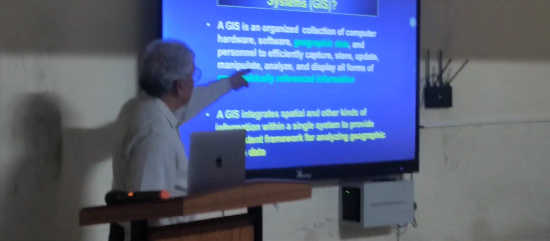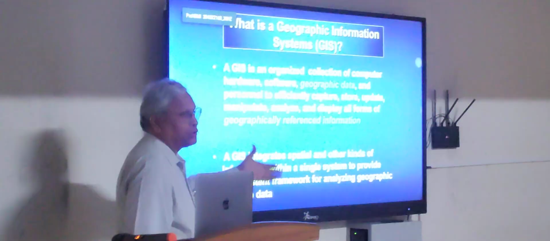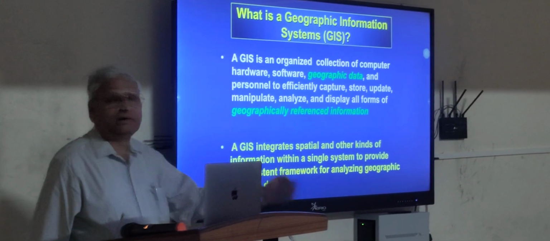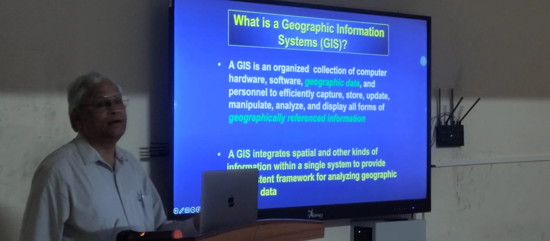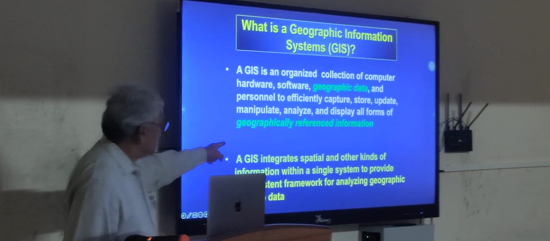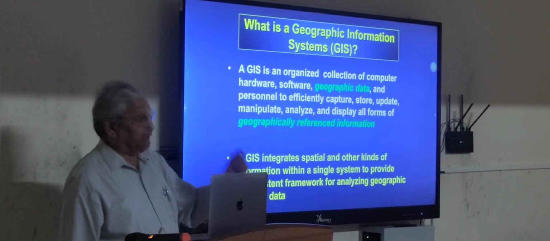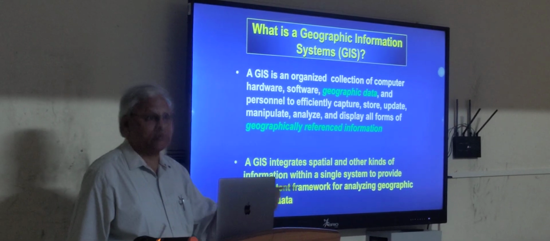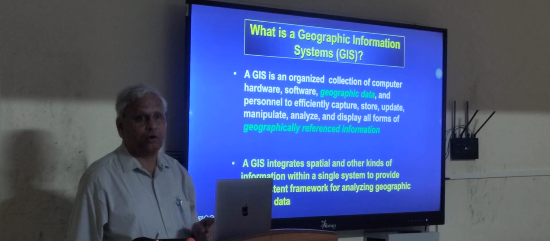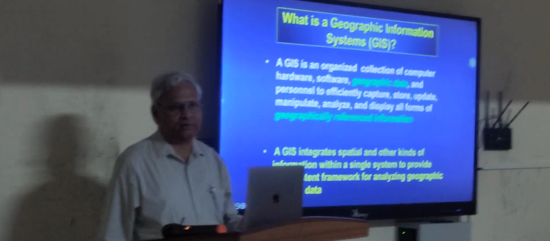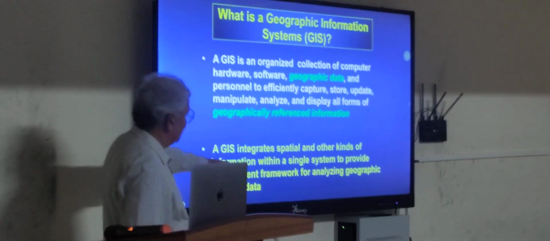You use it to store, update, analyze and so on, and that is useful to generate information which is geographically referenced. I can say, look, this watershed is available in geographic coordinates, I know the area, I can make queries, friends. So that advantage you have in the geographical information system.